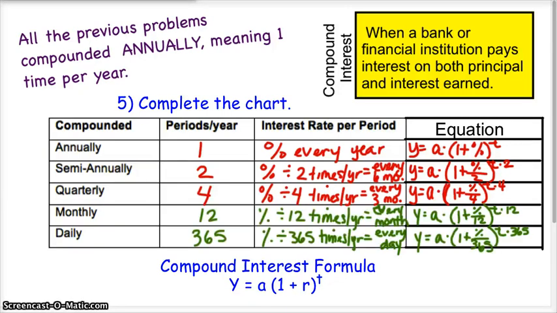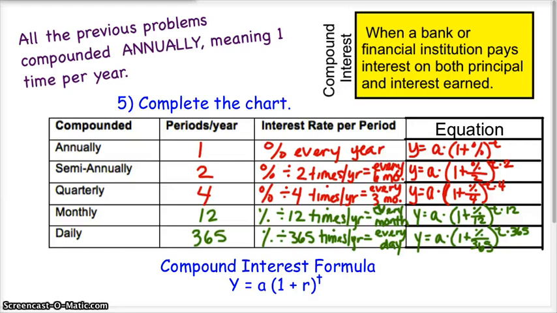If the amount of money is compounded monthly, there are 12 months in a year, so there will be 12 periods each year. The interest rate is calculated by taking your percentage of interest divided by 12, because you get 1/12 of it each period, or 1/12 of the percent every month.